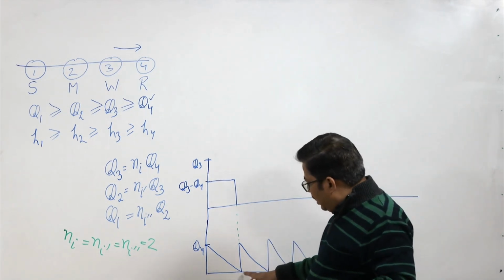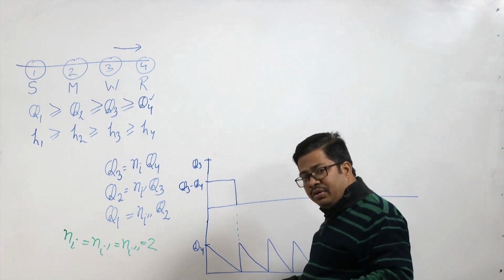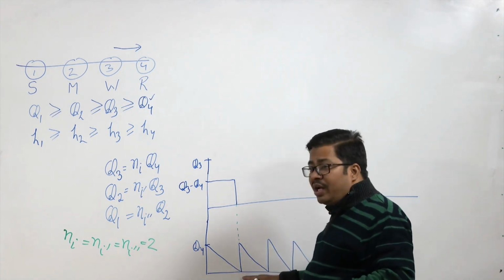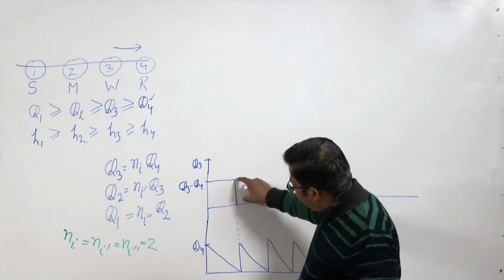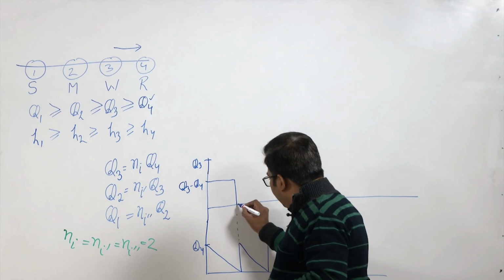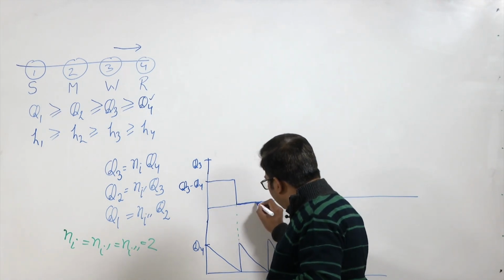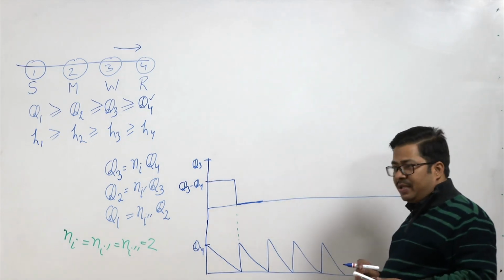Then at the second replenishment cycle at stage 4, when again Q4 items will be required, these Q4 items will be shipped at this point, and then I will not have any inventory for this period.